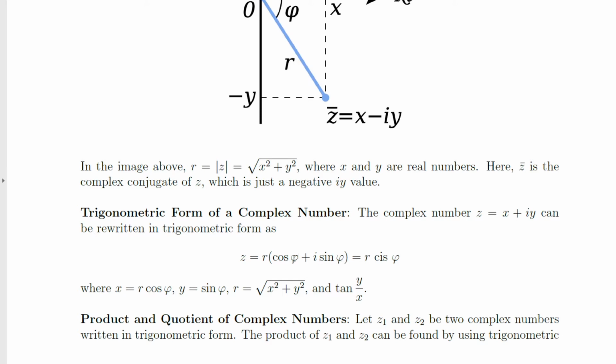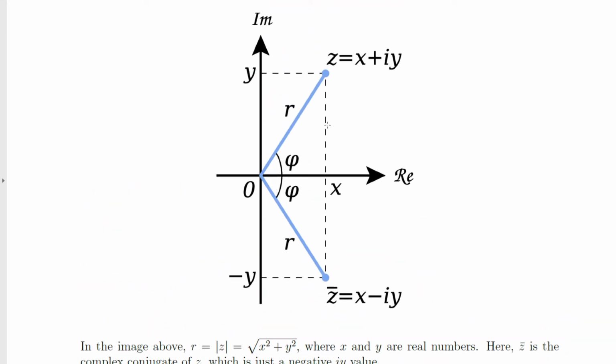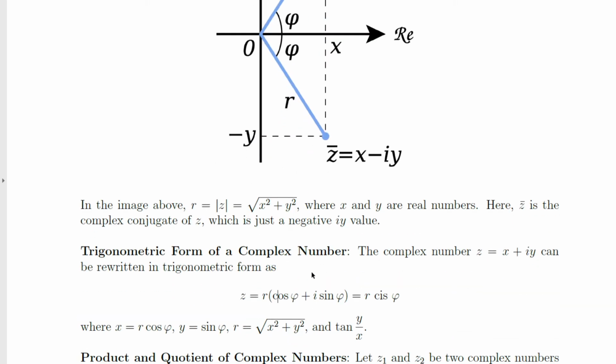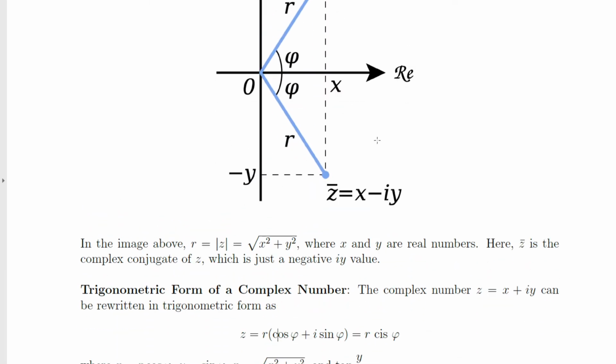And here's why this works. Remember with the unit circle how we said that if you have an xy coordinate in the unit circle, the cosine is going to equal the x value and the sine is equal to the y value. Well, this is why it works here, because the x value is just going to be the cosine of this, and the y value is just going to be the sine of that times i.